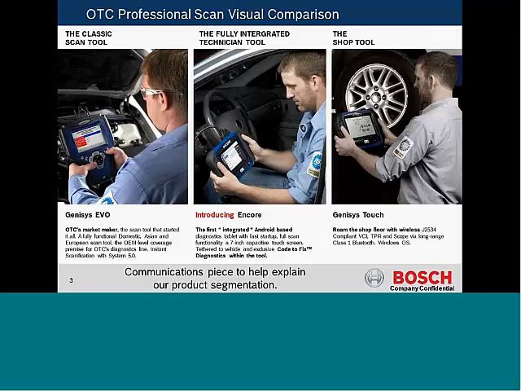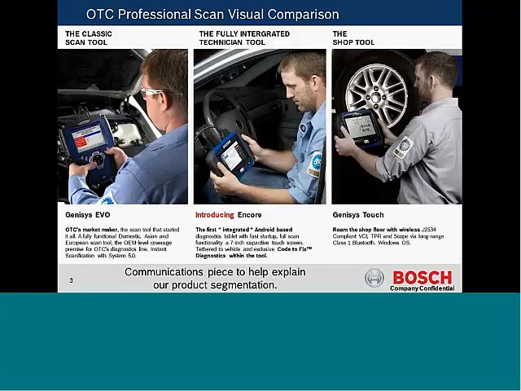So starting with Genesis Evo, we titled it the obvious, and that is the classic scan tool. Everyone probably knows, but Genesis was released in April 2000, and at the time, scan tools in the market at that point were equipped with 4-line LED displays, and Genesis came on the market as the first with, at that time, it's funny now, a large color screen, internet updatable, and all those types of features now that we more or less take for granted.